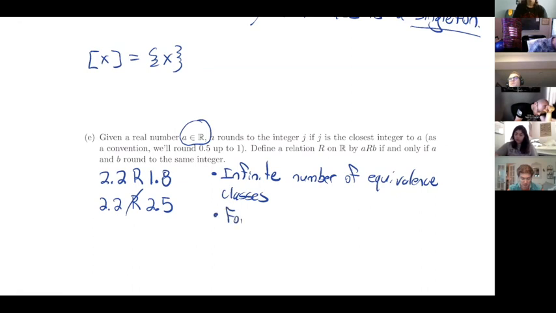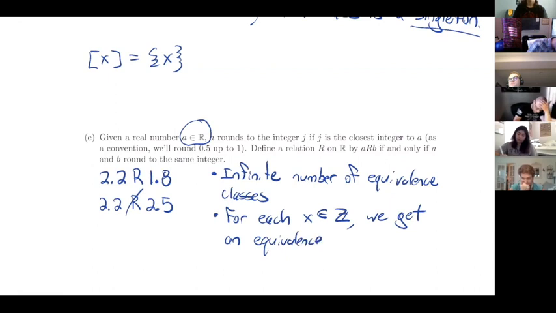And for each integer, we get an equivalence class.